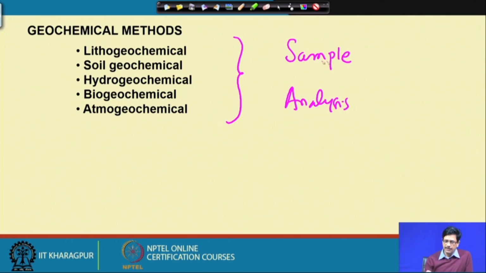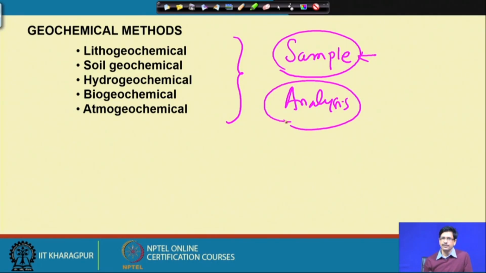They can be treated in two independent ways. The sample is the decision we make on what is the representative sample of what we want to analyze, a rock, a soil, or a plant. An improper sample can always lead us to erroneous results, and we will see this in a little more detail when we discuss the geochemical method.